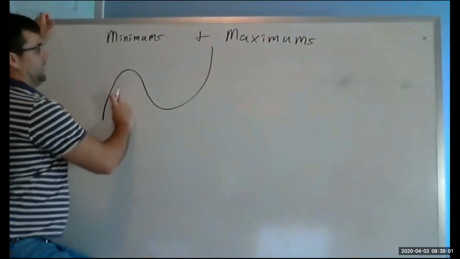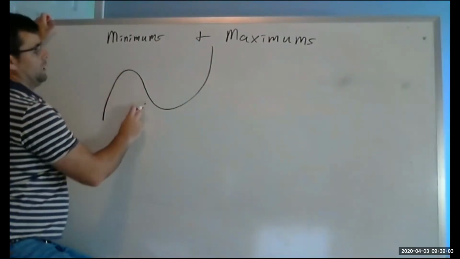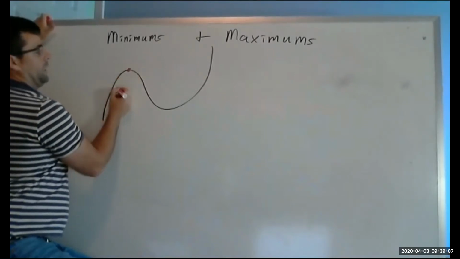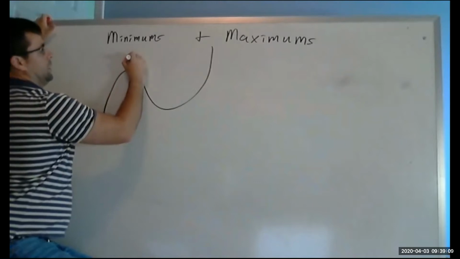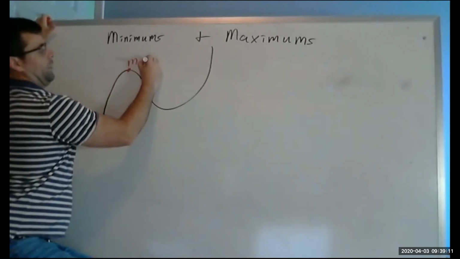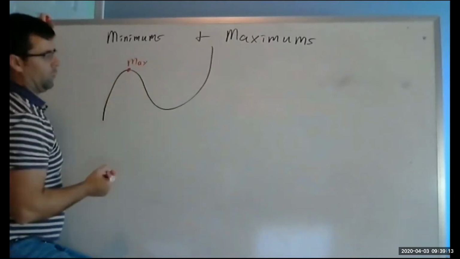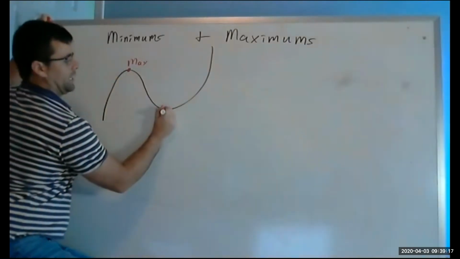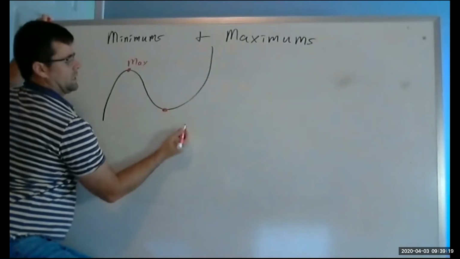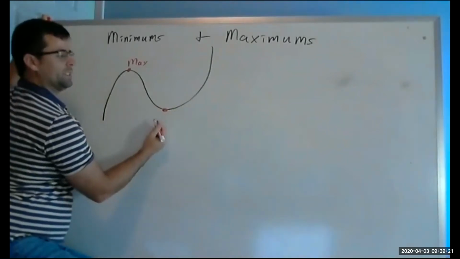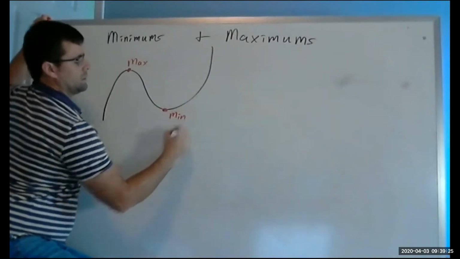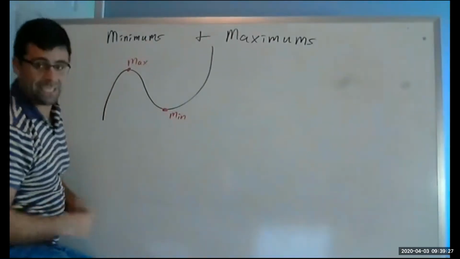So at this top of the peak, we have a point right here that is higher than the ones next to it. So it is a relative max. And then in this trough, we have one that's lower than the ones near it. And that is a minimum.